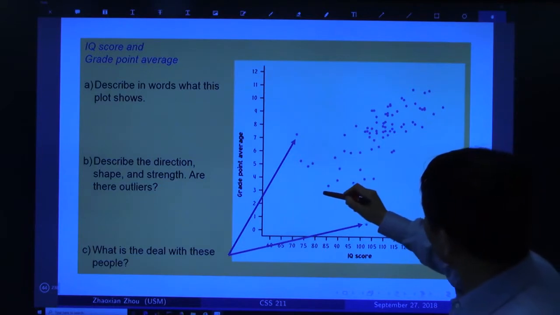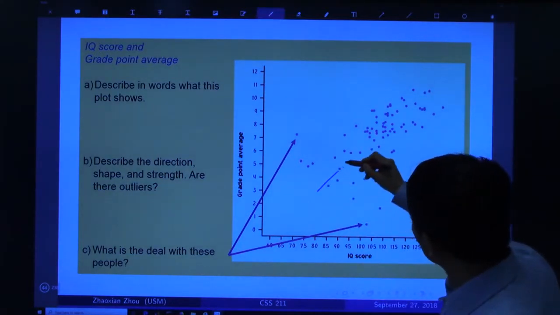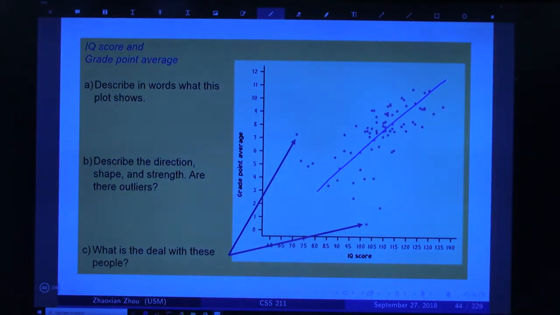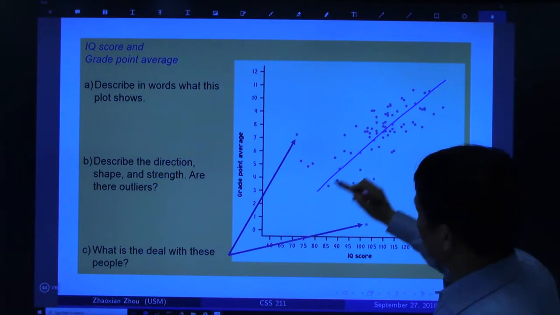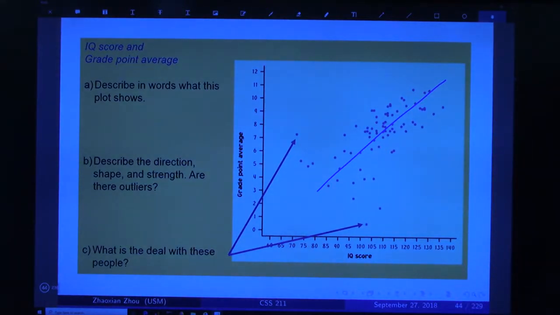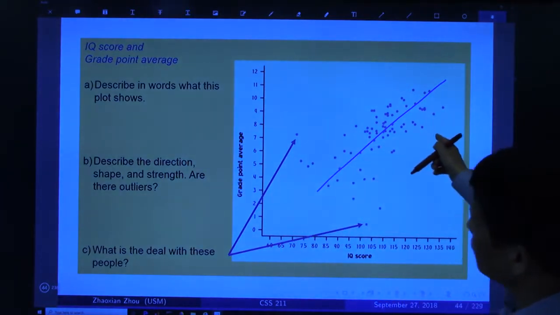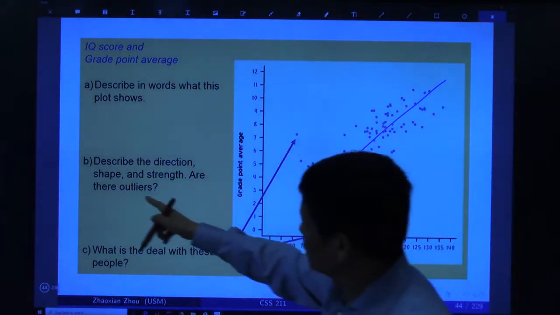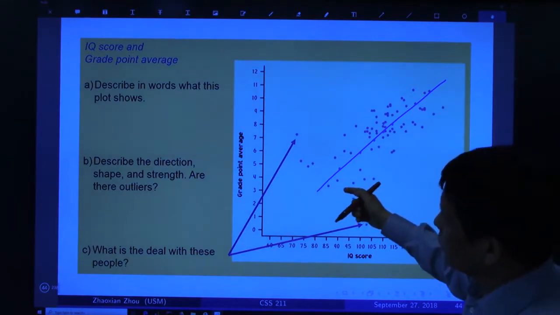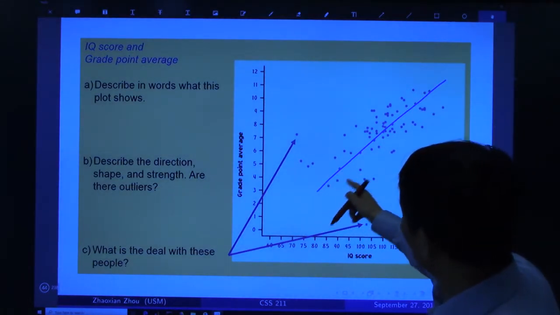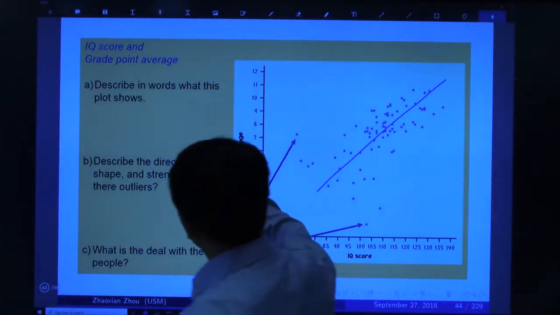It looks like the form must be straight. We cannot put any curve or anything else. So the best guess is that this is straight. So the shape is linear. And once we decide the shape is linear, then the direction is easy to determine because this is a positive slope. So the direction is positive.